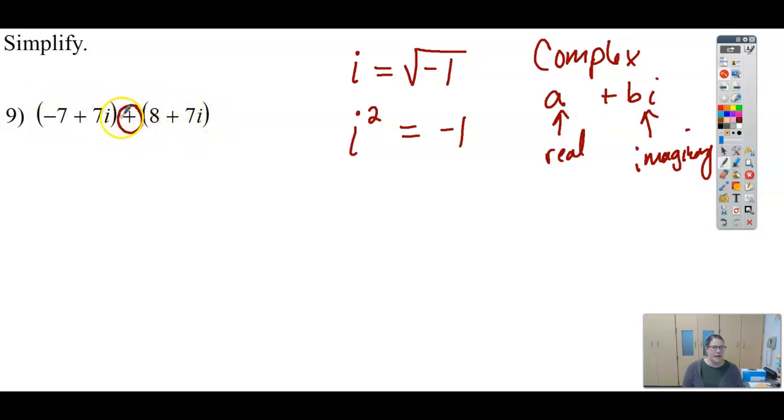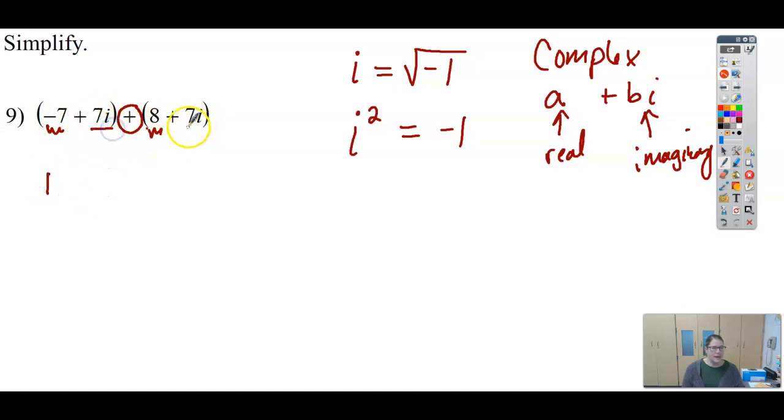So I'm adding these. I can treat these exactly the same as adding polynomials. I can treat i like a variable, even though it's not actually a variable. It has a definition. It actually equals the square root of negative 1. So I'm going to add negative 7 plus 8, because those are like terms, to get 1.